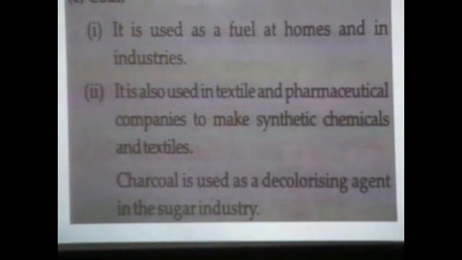But now petroleum and electricity are there, so coal is not used that much. Now coal is used for thermoelectricity. It is also used in textile and pharmaceutical companies for making synthetic, man-made chemicals and textiles.